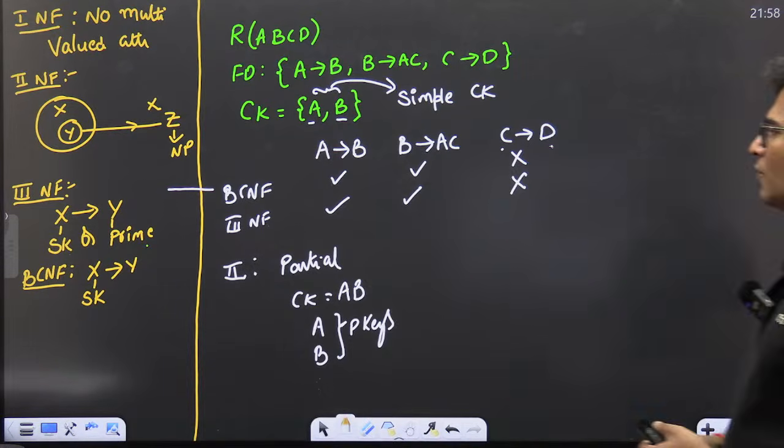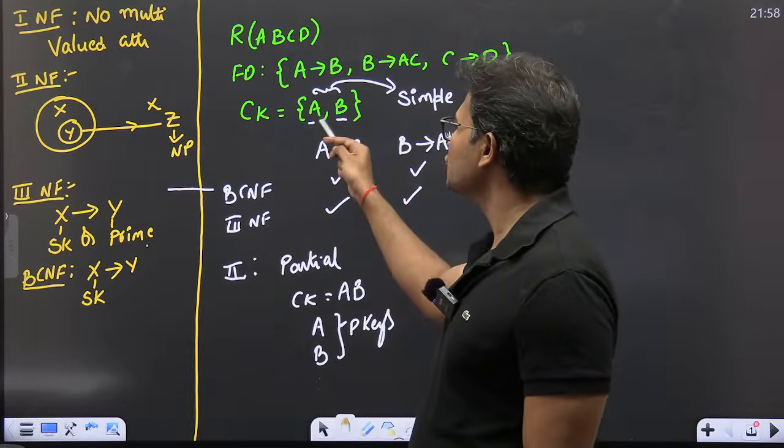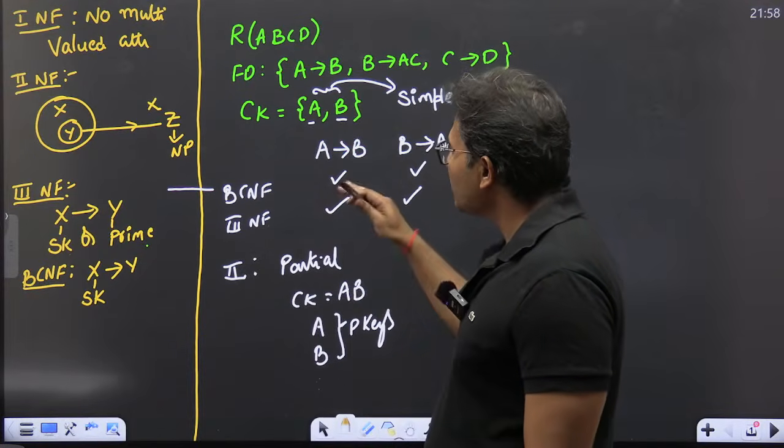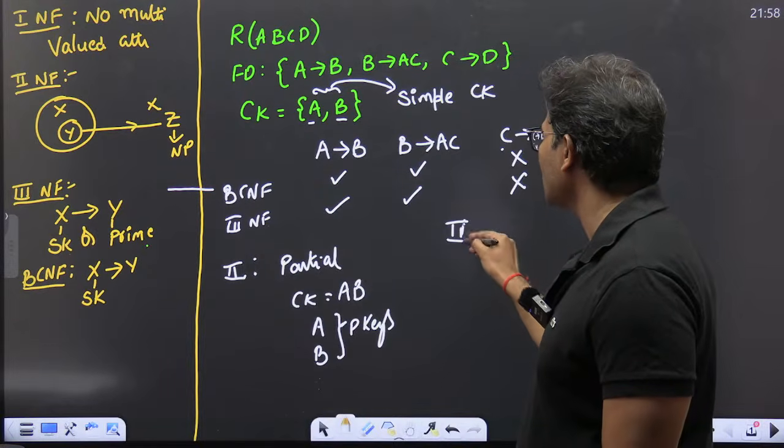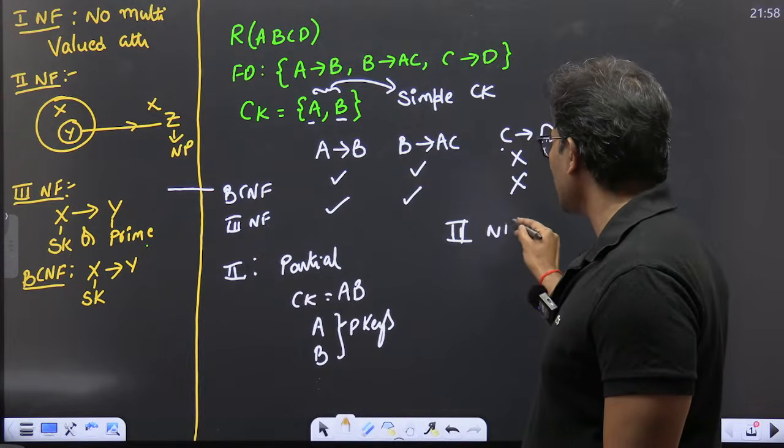Now there is no partial key possible. Therefore, the table is in second normal form. There is no partial key at all. Therefore, the table is in second normal form, right?